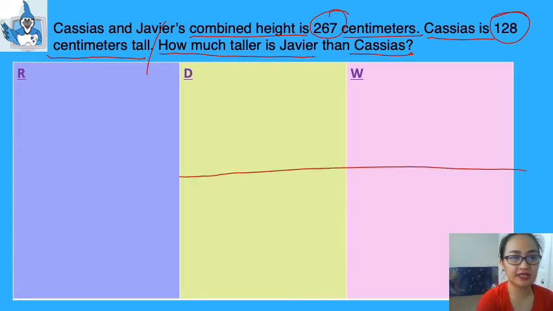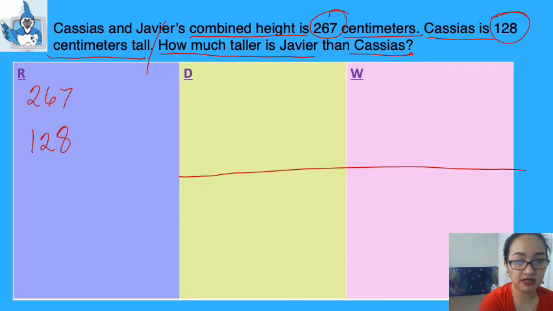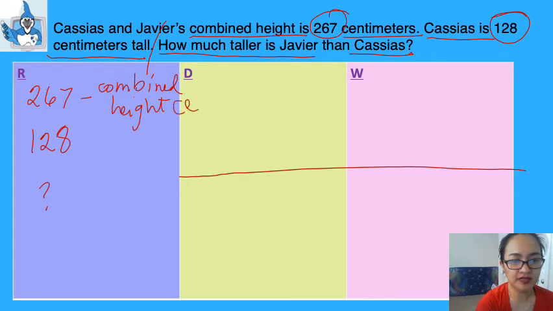All right, let's write down important numbers and tell the meaning of each number. So 267 is the combined height of who? Kasia and Javier, C and J. Now 128 centimeters is Kasia's height.